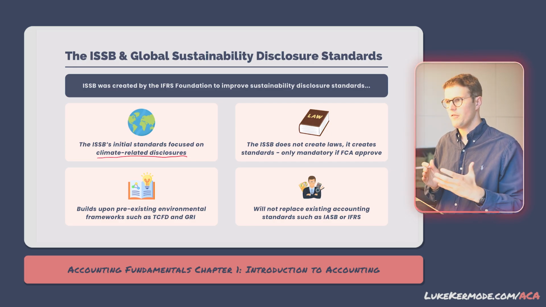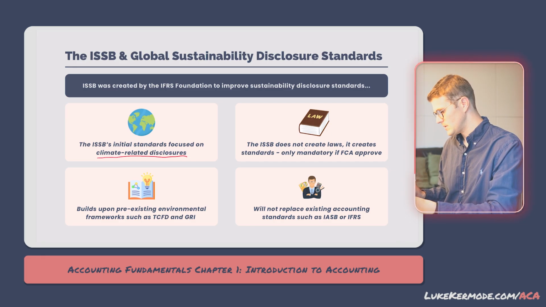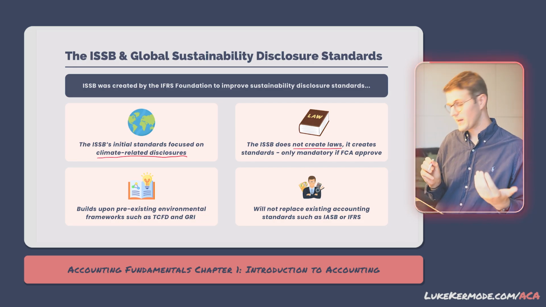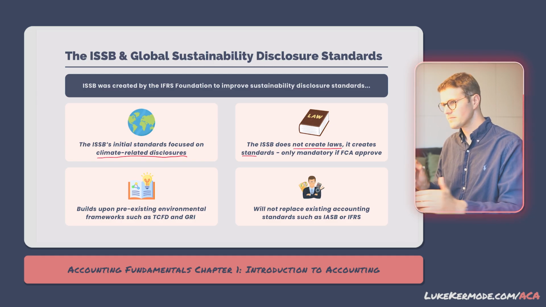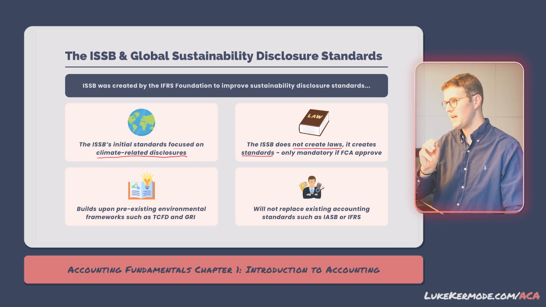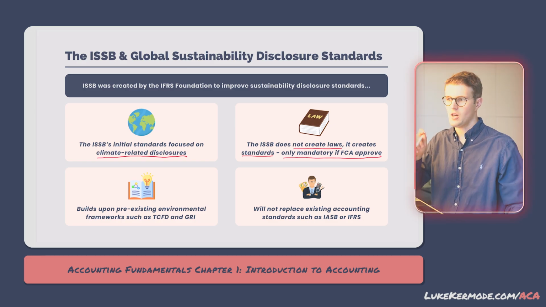It's also important to know that ISSB does not create laws itself. It issues standards, much like the International Accounting Standards Board, and these standards can only become mandatory if national regulators such as the FCA in the UK decide to adopt them into law.